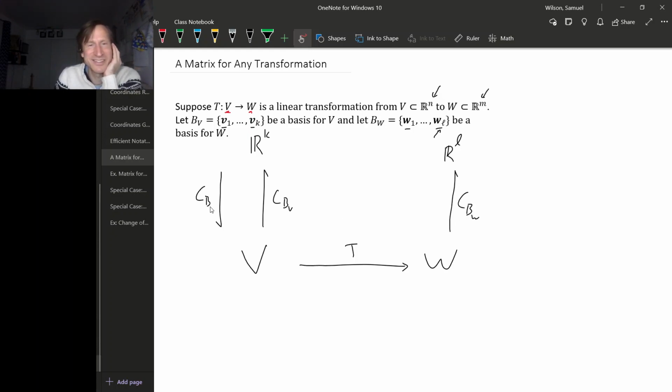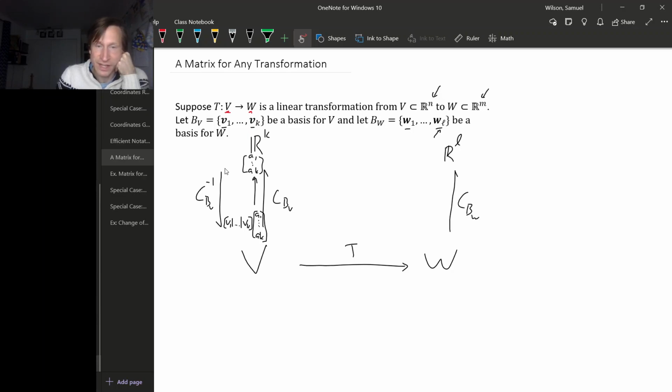This coordinate transform from W to RL also has an inverse, but it turns out we're not going to need that inverse. And just to make it explicit, over on the V side, if you have the matrix with the V's times a vector of coefficients, the coordinate map sends this to just the vector of coefficients.